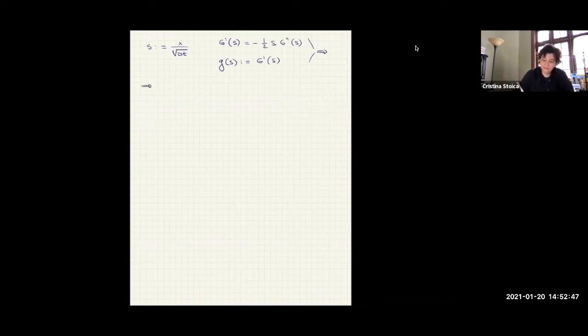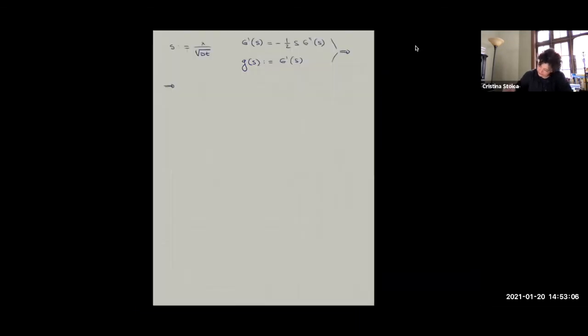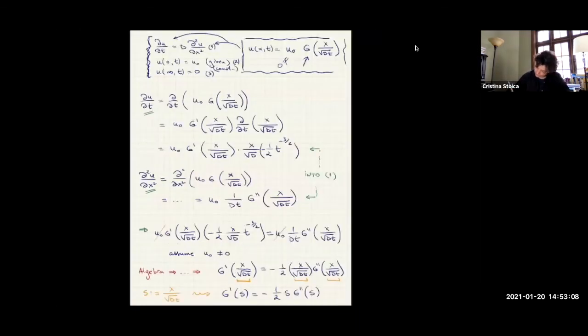So now we can substitute. Right, here it is backwards. There you go, this is G second, and there's G prime. Please correct it, the algebra is backwards here.